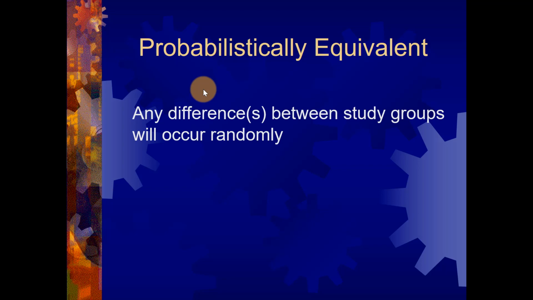Because imagine if we have two groups of people and both are depressed because they're at a clinic, but it turns out one group of people happen to be further along in their treatment, but the researcher doesn't know that, and they're not able to randomly assign the entire group of clients, then that's of course going to affect the results. So random assignment is gold in evaluation research, and that is why.